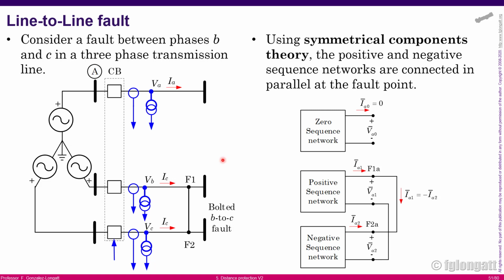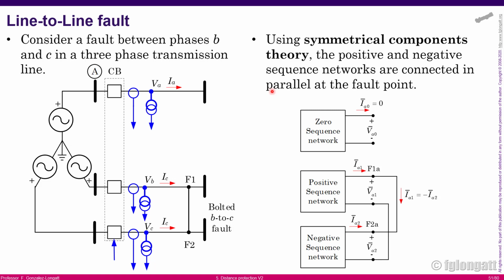Okay, and during these conditions, of course, we need to assess what is the behavior of the system in terms of impedance, because remember, the distance relay will work basically based on the impedance. Okay, well, all my students must remember from my classes of short circuit analysis that using symmetrical components, this beautiful theory created by Fortescue in 1918, you must remember there is a zero, positive, and negative sequence, okay?